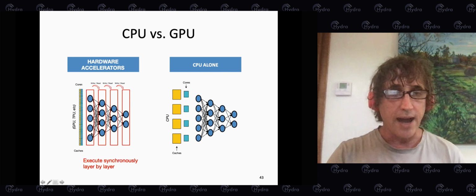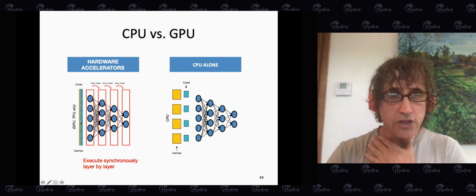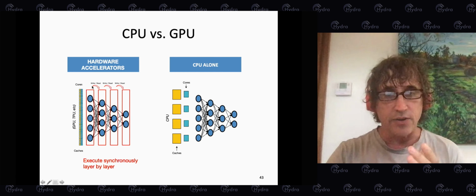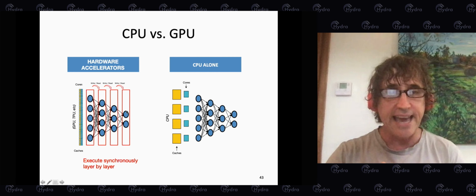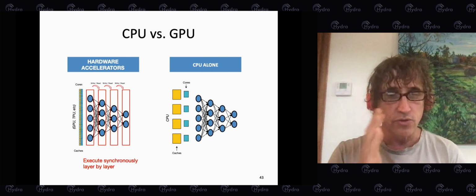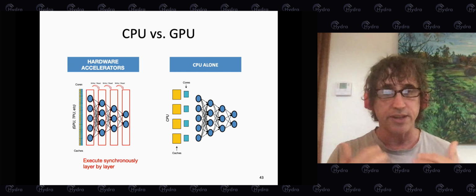I bring the data and the network description into the tiny GPU cache, do the computation very quickly in parallel, and spill it out. I do that again and again, layer after layer, synchronously through the network. That is the way a GPU executes a neural network.